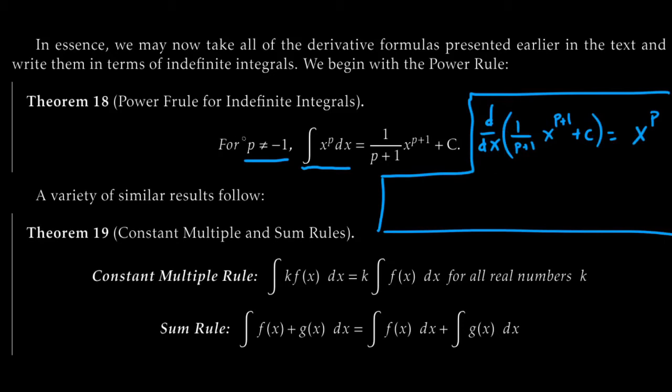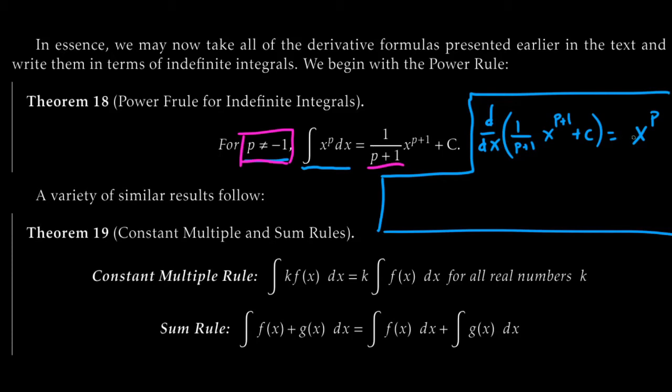And notice this p not equal to -1 is just so we don't have a 0 in the denominator, and so that we actually have something other than 0 in that power. Any situation where you have something other than x to the 0, which will always be 1 except at 0, in which case it's not even defined, makes sense in terms of the power rule.